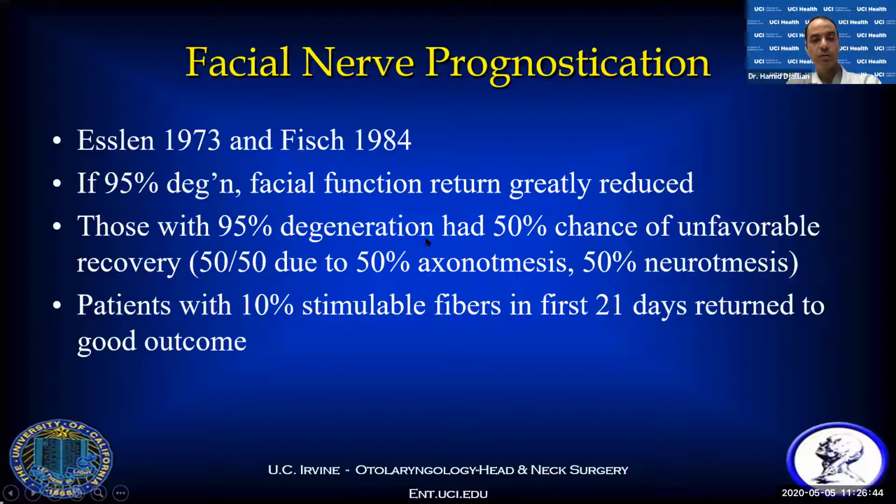Those, as I said, who are in between, 50% had unfavorable recovery and 50% had good recovery, because 50% are axonotmesis and 50% are neurotmesis. And the patients who had at least 10% stimulable fibers, meaning your ENOG is less than 90% degeneration, generally have very good outcomes.